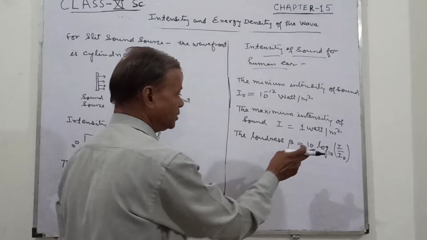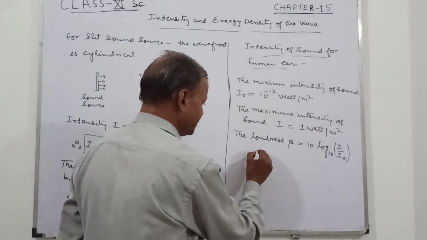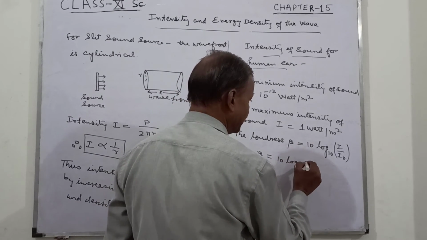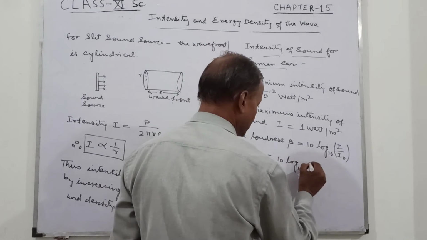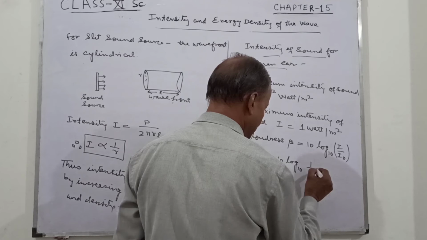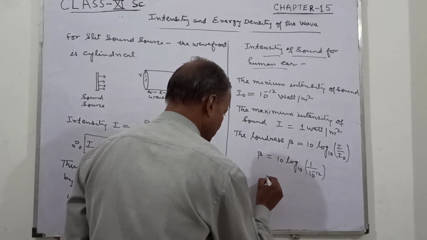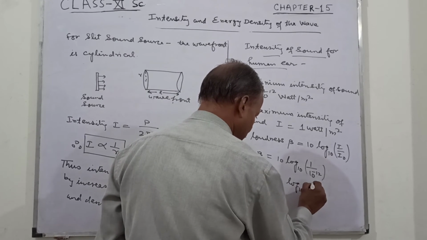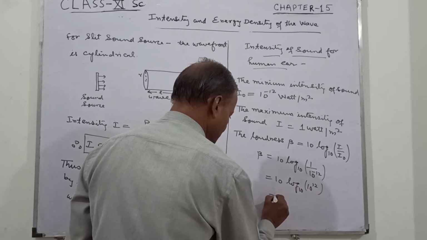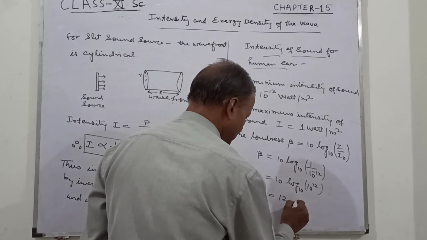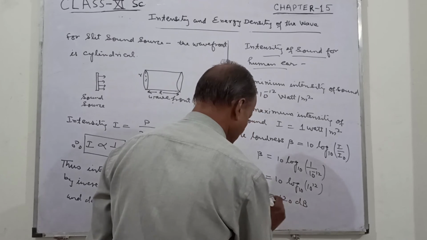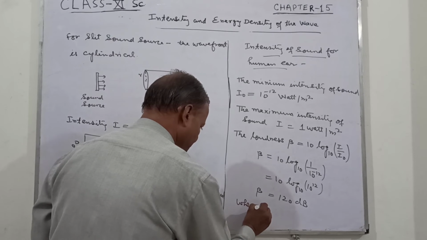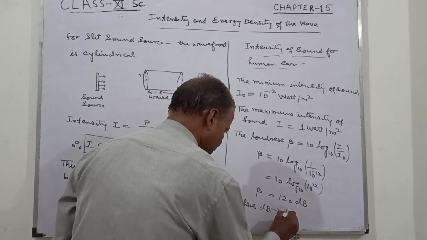This is the formula for the loudness, and so we have beta equal to 10 log 10 of 1 upon 10 raised to the power minus 12, and this is now 10 times log 10 raised to the power 12. So this is your 120 decibel. This is now beta. dB means decibel.